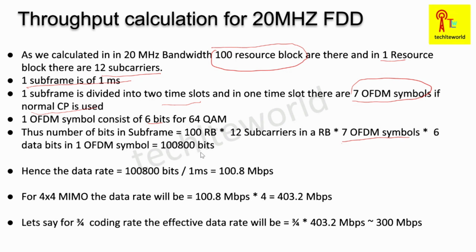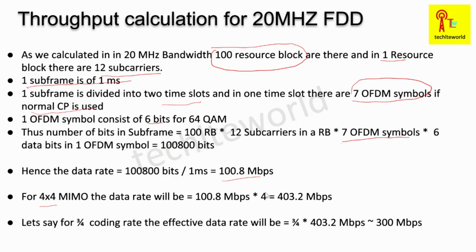So if we want to calculate the data rate, we'll divide these bits by the duration of the subframe, which is 1 millisecond, and hence it will give us the data rate, which is 100.8 Mbps, right? So if we combine the factor of the MIMO configuration, here we have considered the MIMO configuration of 4 cross 4, right?